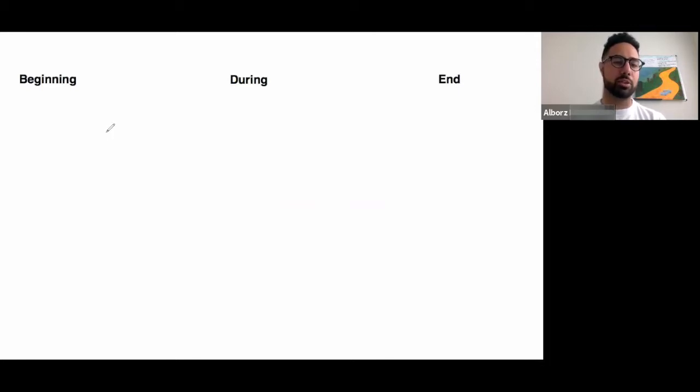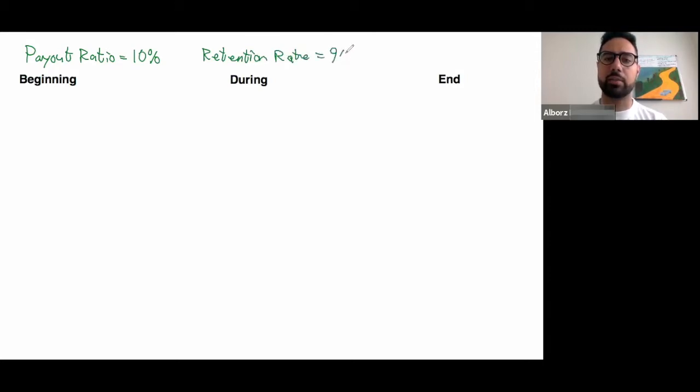We have the following information. The company's payout ratio is 10%. This means that its retention rate is the inverse of that, or 90%. At the beginning of the year, we have $300,000 in shareholders' equity, or SE for short.